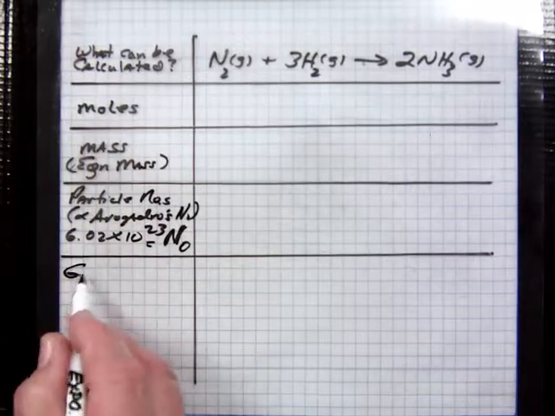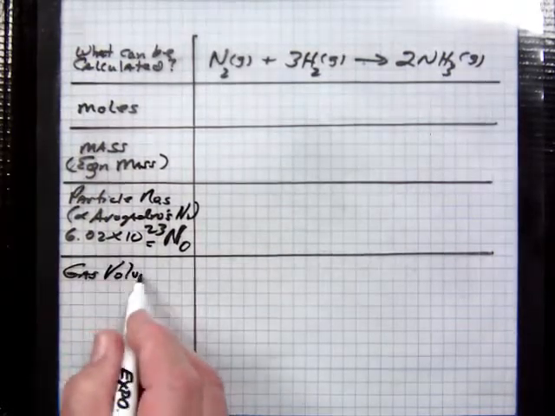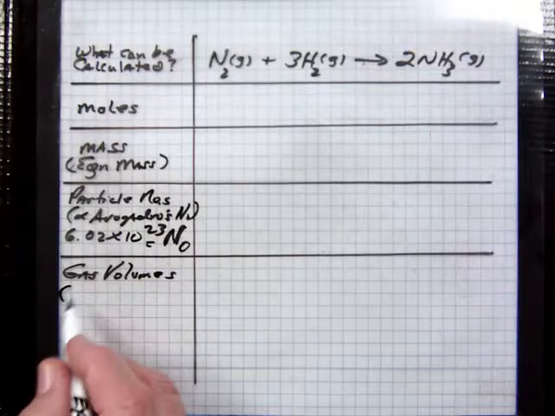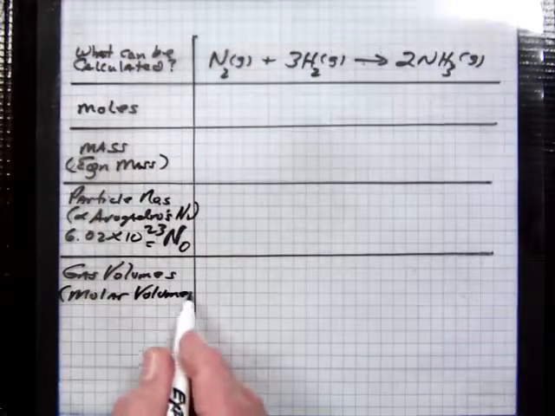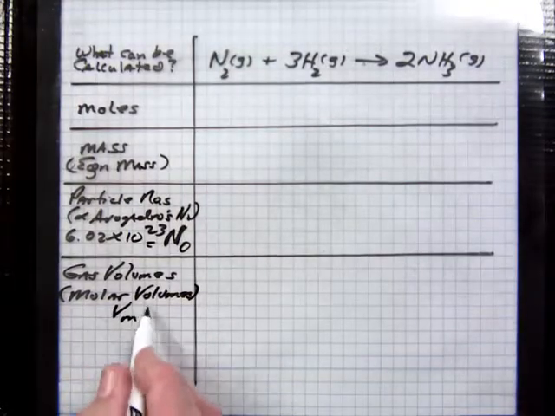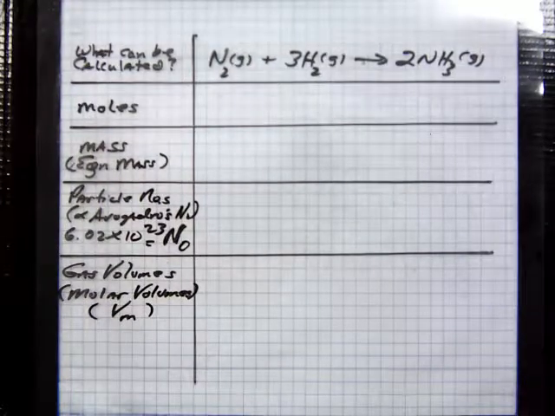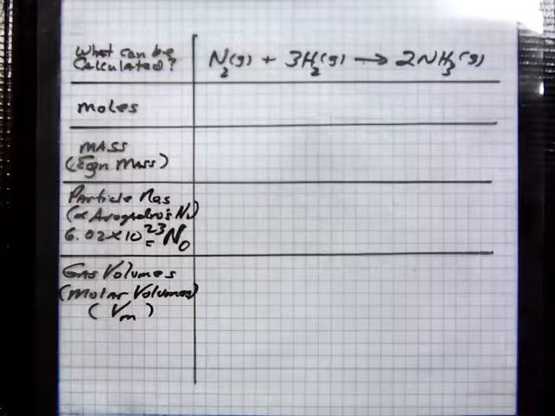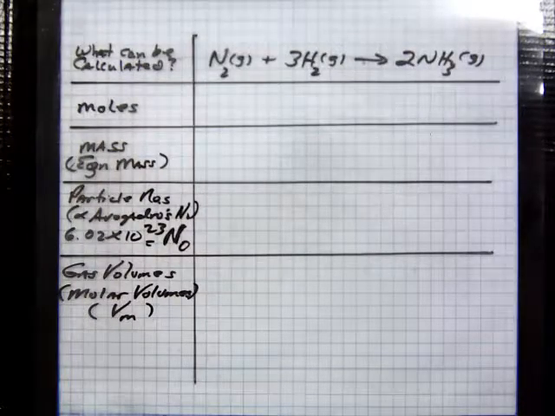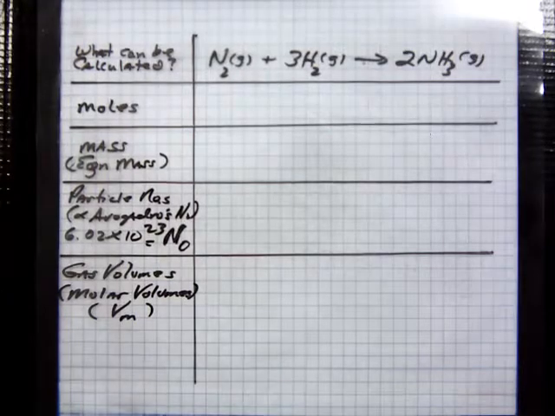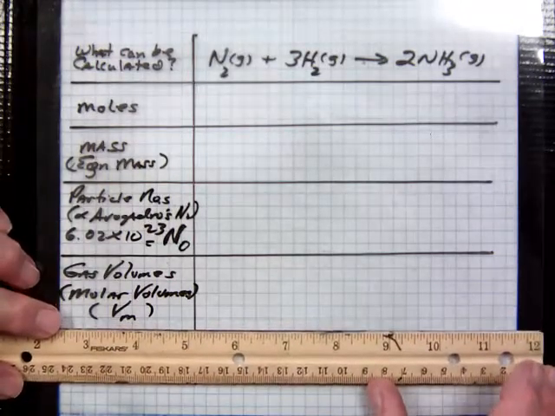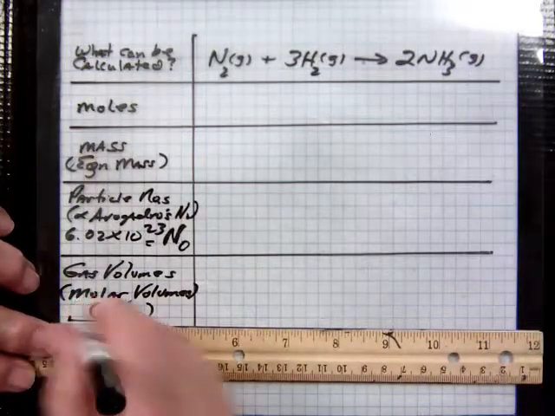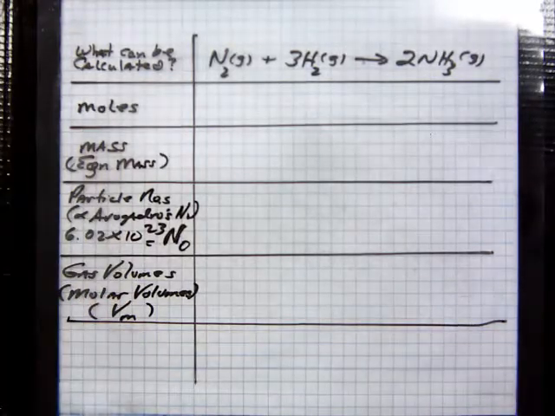Gas volumes. And this refers to molar volumes. And typically it's given a symbology V lowercase, subscript M. And finally, energy values.